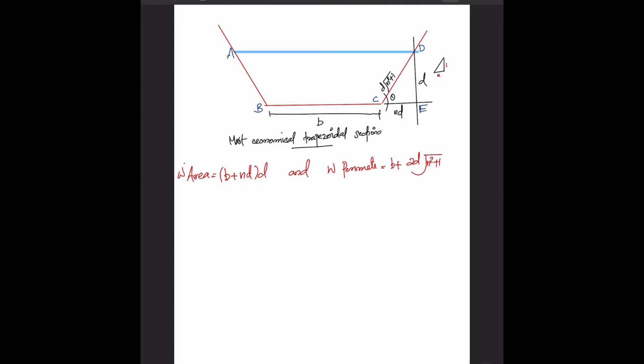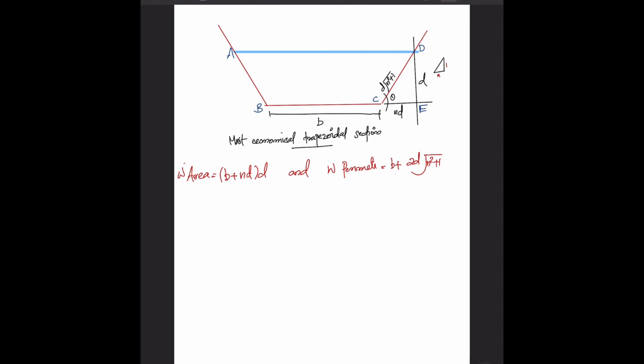Here it will be (BC plus AD) by 2 times d. You can use this equation and you will end up here. So if you learn these two equations by heart, it will be easy for you to solve.